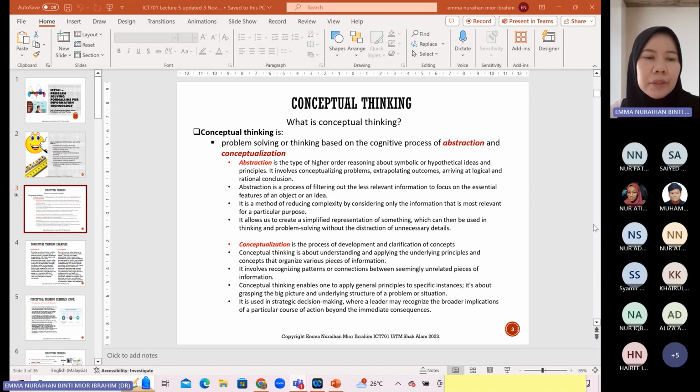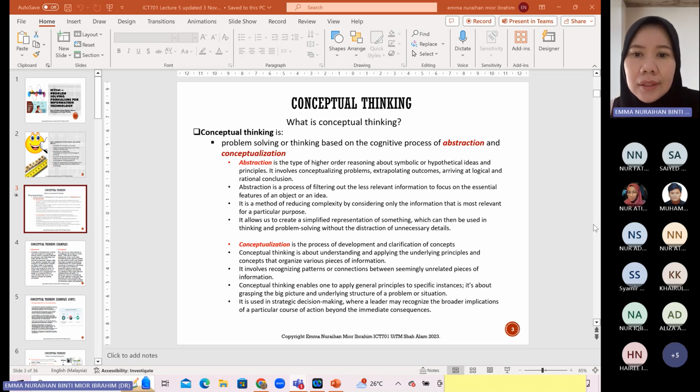Okay, so for example, if you read a systematic literature review, the process of abstraction and conceptualization is very clear because the authors attempt to see the patterns from 10 years of journal articles. So they tend to see the trend, the patterns, what are the similarities, differences, what are the ongoing issues, evolution of issues, and a lot of things, many angles.